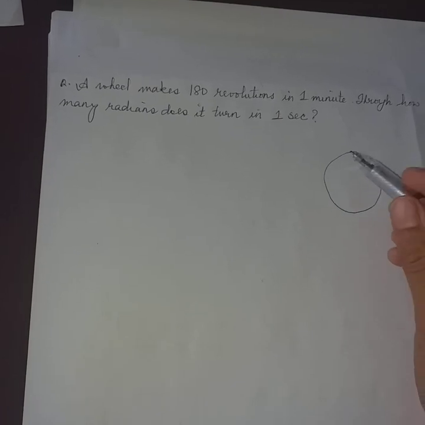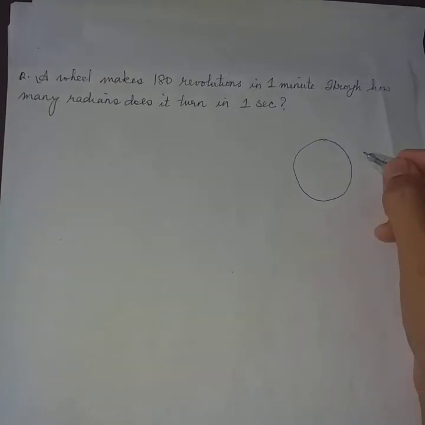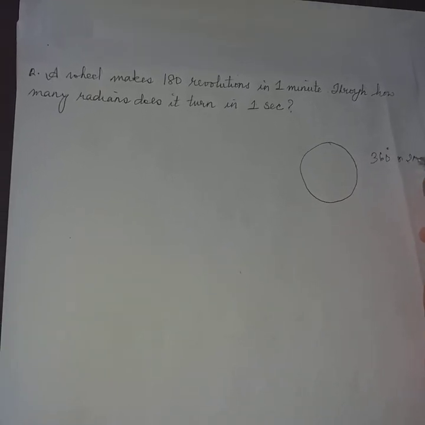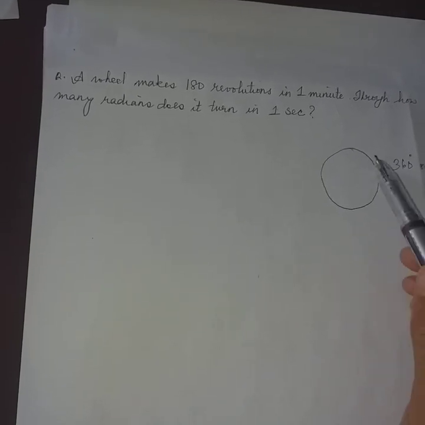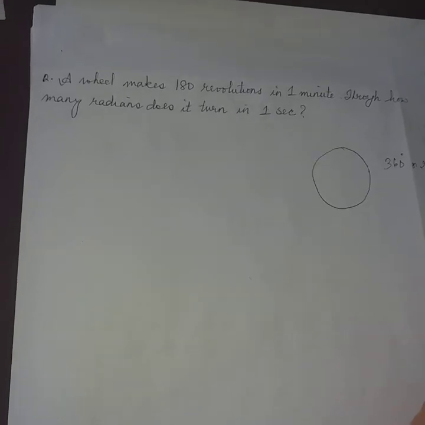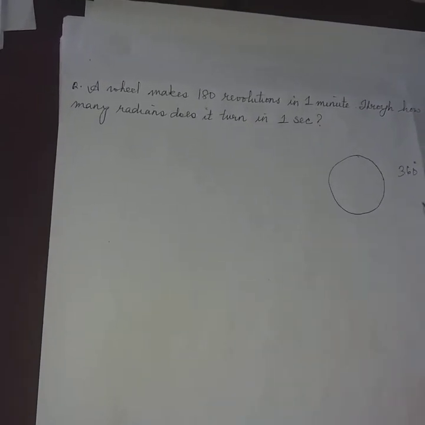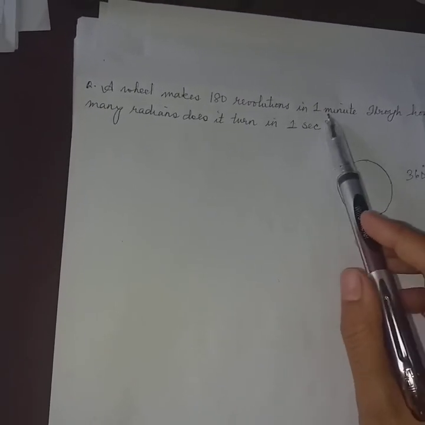We know in one revolution, the angle covered is 360 degree, or in radian we write it as 2 pi radian. So 180 revolutions means it is turning 180 times in 1 minute.